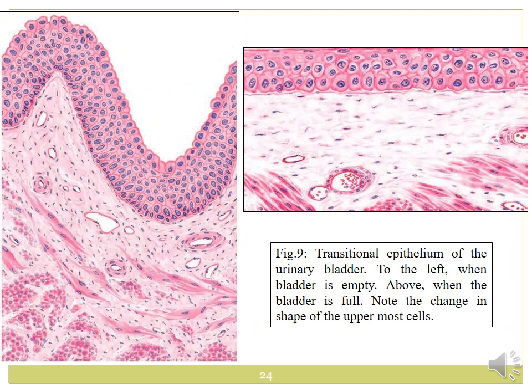Look at these two images. This first image here, we have the bladder when it is empty. Notice that when the bladder is empty, the umbrella cells are dome-shaped. These are dome-shaped cells. This is the epithelium.